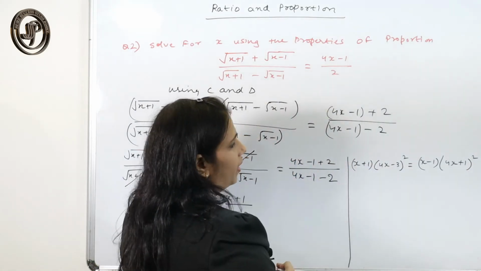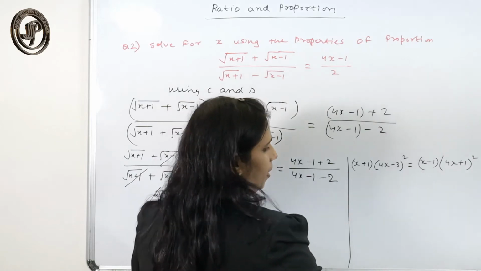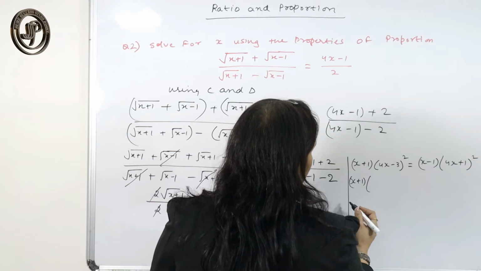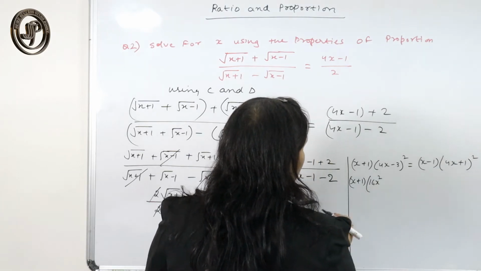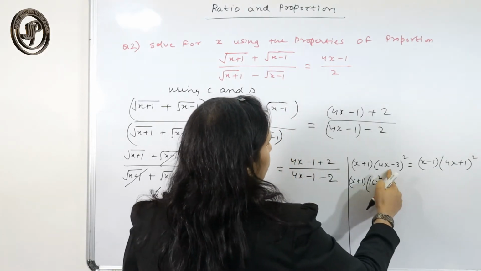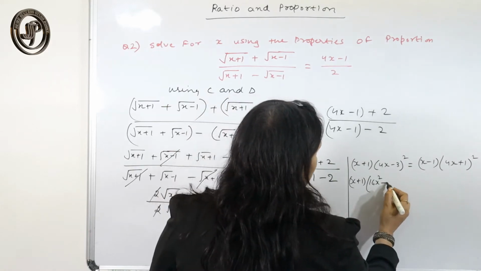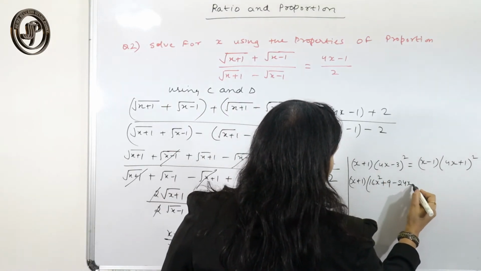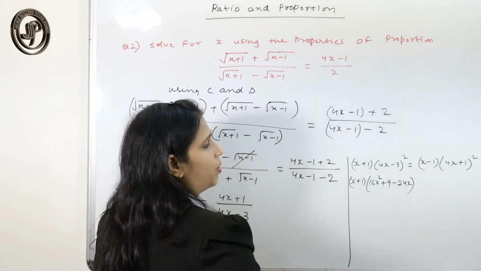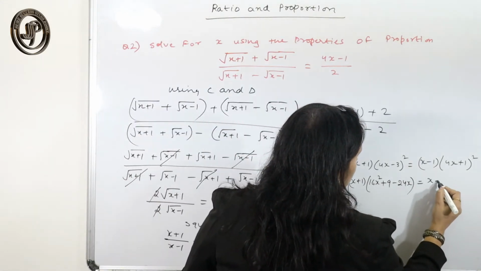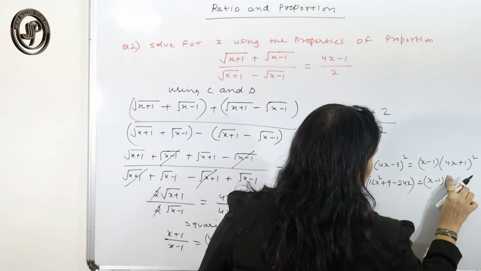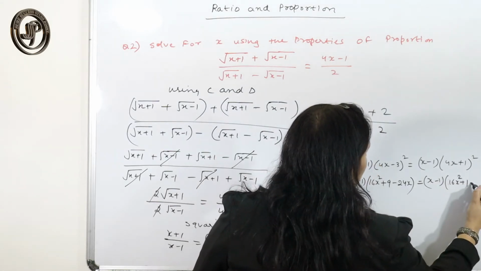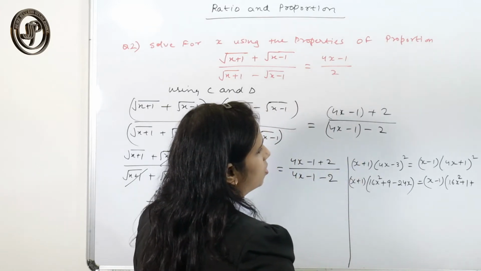Now open the bracket and then multiply this. If you open this square, a square plus b square minus 2ab, is equal to x minus 1. Here it is 16x square plus 1 plus how much?